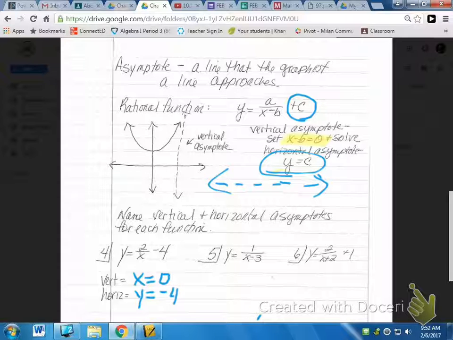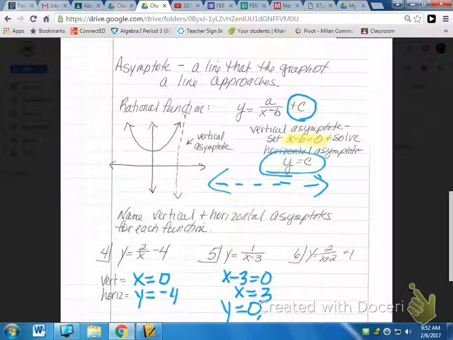Number 5. For the vertical, you would say x minus 3 equals 0, then add 3. So the vertical asymptote on this one is x equals 3. And what would the horizontal asymptote be? Y equals what? Is there a number at the end? 0.